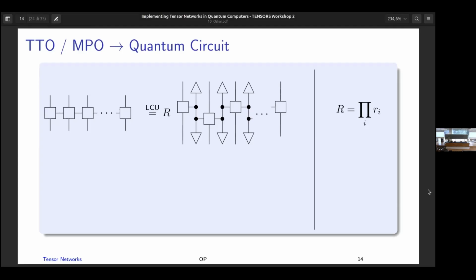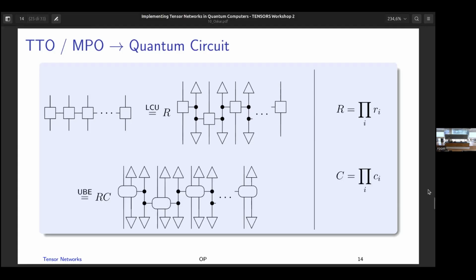So we have a lot of state preparation auxiliaries and projective measurements, and we have to factor out this R, which is a product over the ranks of our tensor network. The next step is that we round the edges through the unitary block encoding, by adding further auxiliaries and factoring out the C, which is a product of all the block encoding constants.